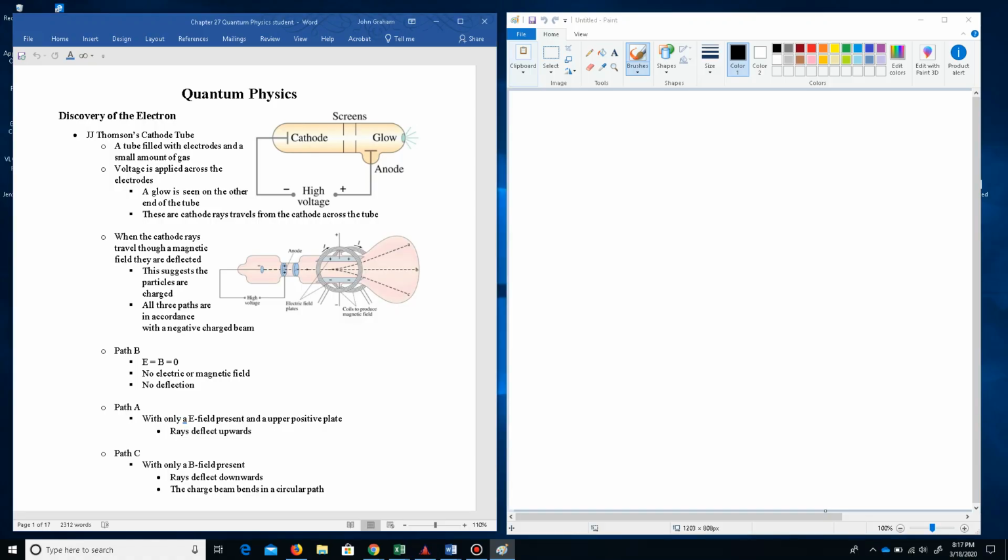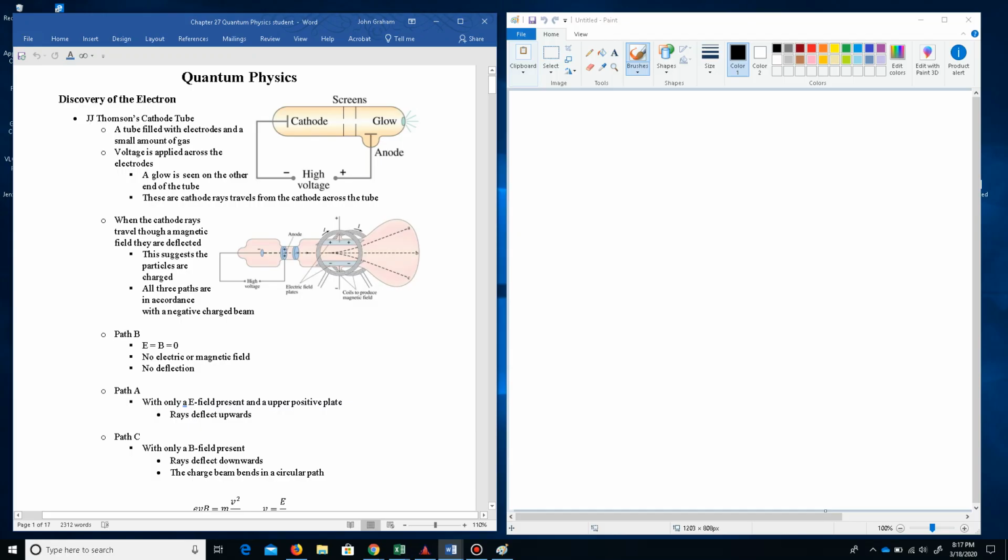The fact that they saw the difference of paths means that you are detecting a magnetic field and an electric field, and they're causing the particles inside this beam to deflect.